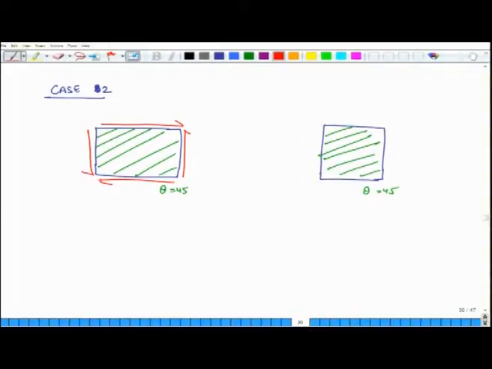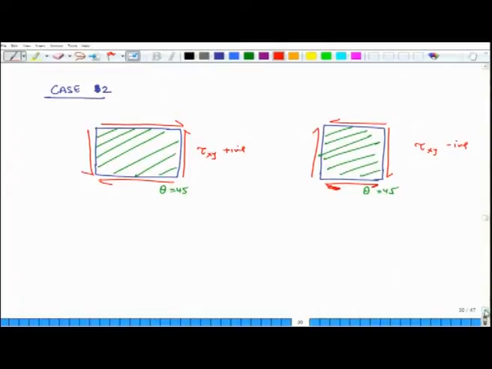In the first situation we are applying a positive shear stress, and in the second situation a negative shear stress. So here tau xy is positive, and here tau xy is negative.